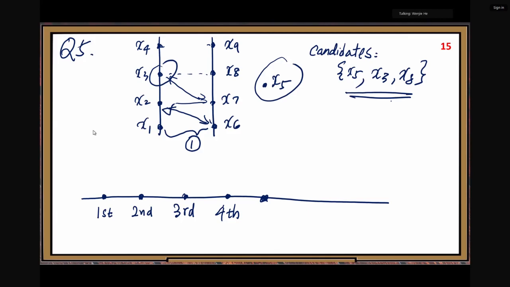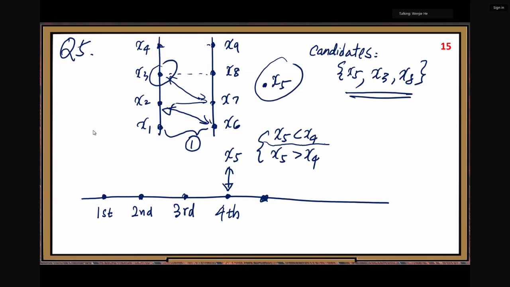Now, x5. Let us compare x5 with the fourth smallest and see what happens. You have only two cases: x5 less than x4, and x5 greater than x4. When x5 is less than x4, can you get a solution immediately?